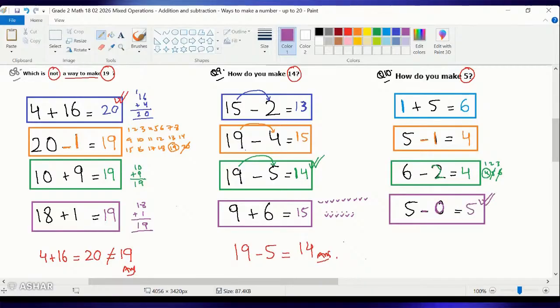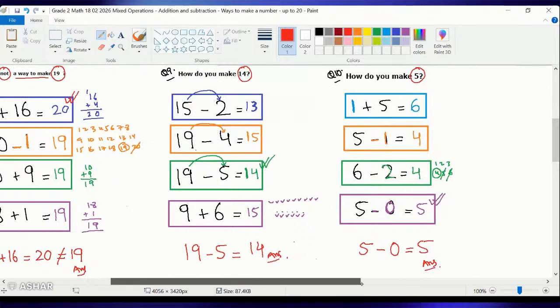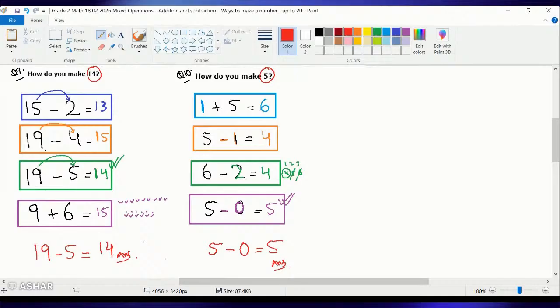That means 5 minus 0 would always be equal to 5. Agreed? Yes, 1 plus 5 is equal to 6, but we don't need a 6.